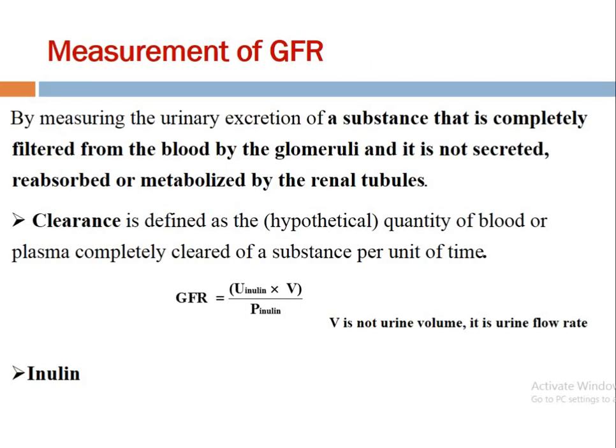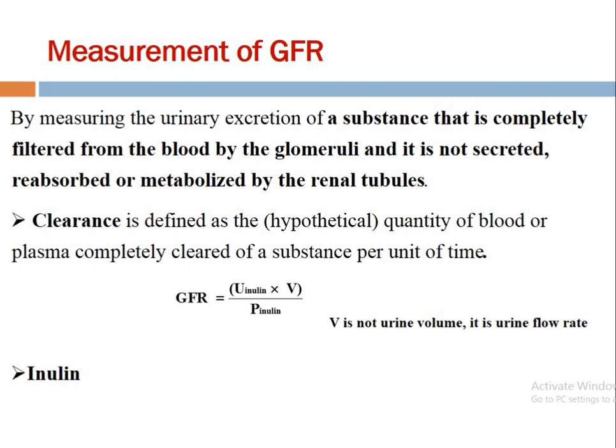Now, what should be the property of any substance that can be used for measurement of GFR? Why is inulin considered to be the ideal? It is because it is only filtered, neither secreted nor reabsorbed.